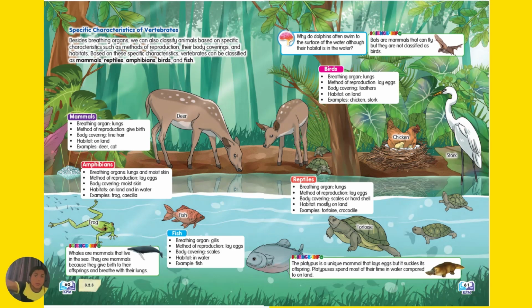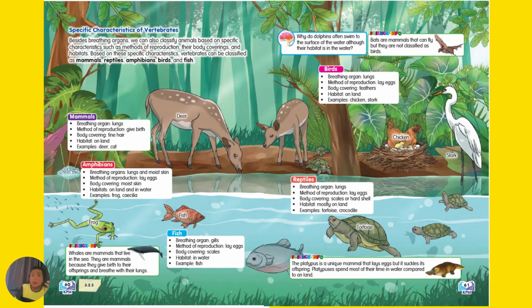Yang paling simple kalau nak tahu haiwan manakah mamalia atau mammals, haiwan itu akan melahirkan anak dan menyusukan anaknya sendiri. Kalau haiwan yang melahirkan anak dan dia menyusukan anaknya, all those animals are mammals. Itu je, simple.